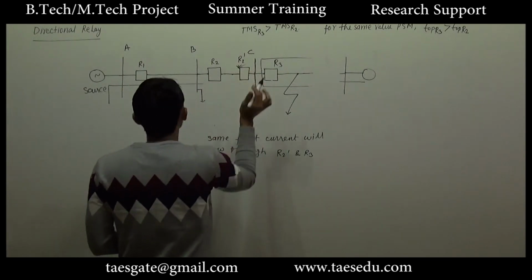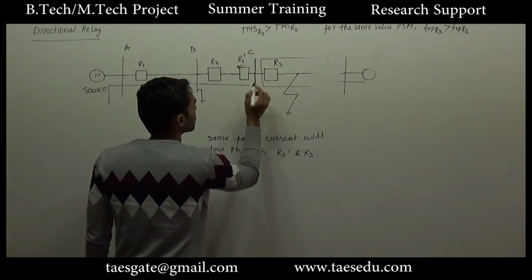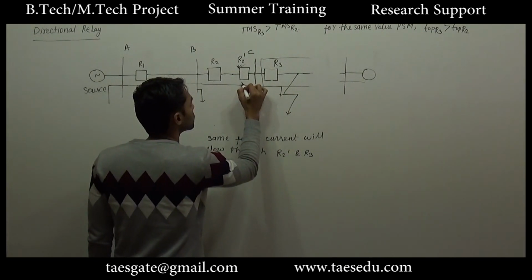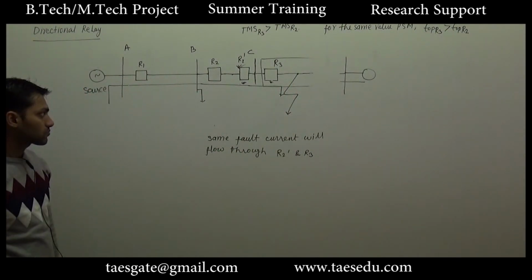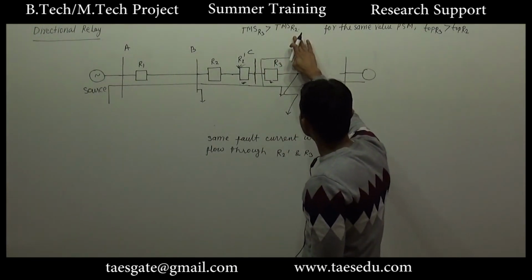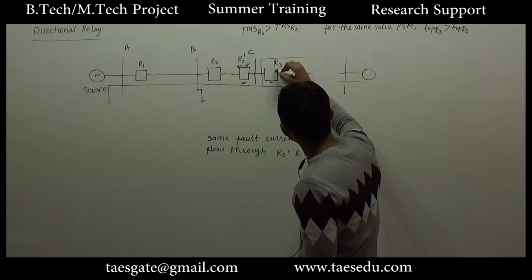Now for the fault current which will be flowing from source 1, again we have the same full fault current flowing through R2 dash and R3. Since the time multiplier setting of R2 is less than R3, this relay will operate prior to R3.